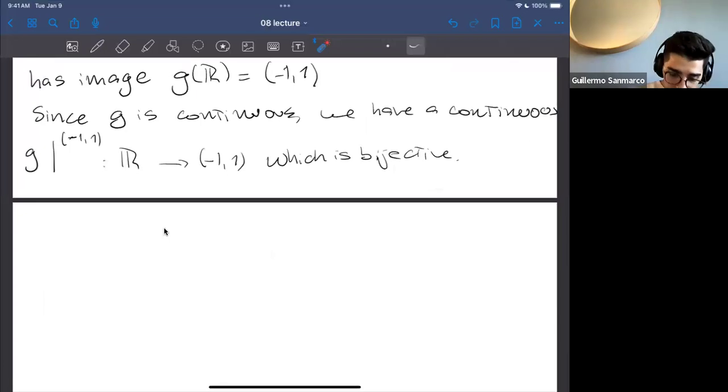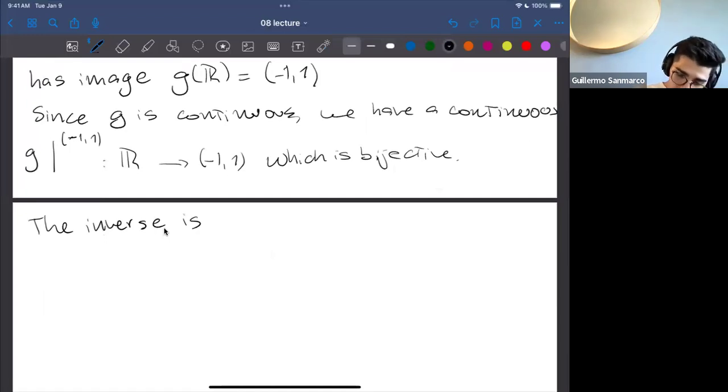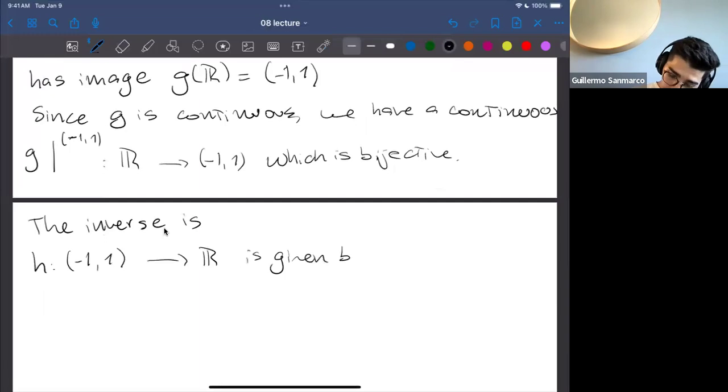What about the inverse? The inverse of this map, let's call it H, going from the open interval to the reals, is given by H of, let's call it y, is going to be, in this case, y divided by 1 minus the absolute value of y.